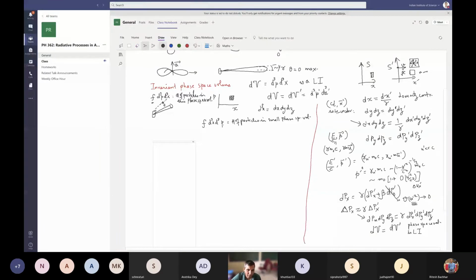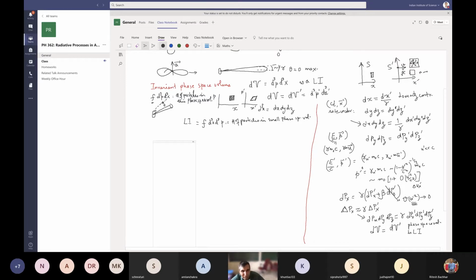A number is Lorentz invariant. If you count the numbers in this frame and in the x prime p prime frame, there is a one-to-one correspondence between the boundaries of this volume measured in these two frames. So the particles which are lying in this will also lie in this. So the number is Lorentz invariant.